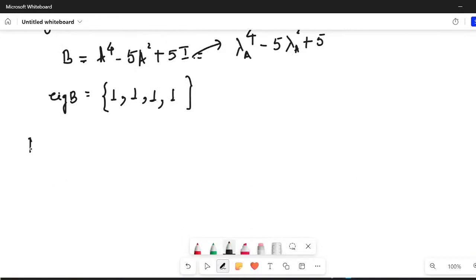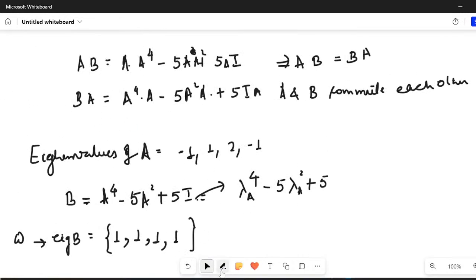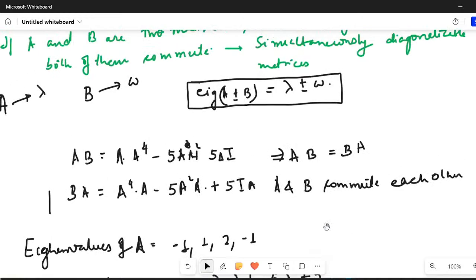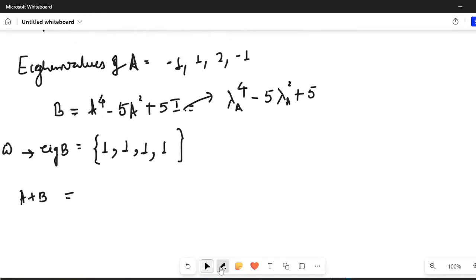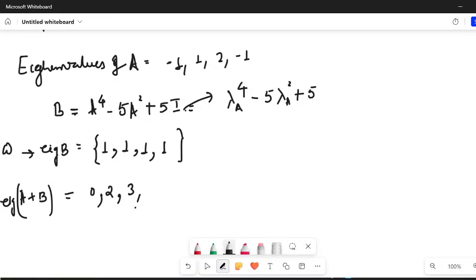So what do you think the eigenvalues of A plus B would be? I told you, if the eigenvalues of B are omega and the eigenvalues of A are lambda, then we can add them up to get the eigenvalues of A plus B. So the eigenvalues of A plus B would be 0, then 2, then 3, and again 0.